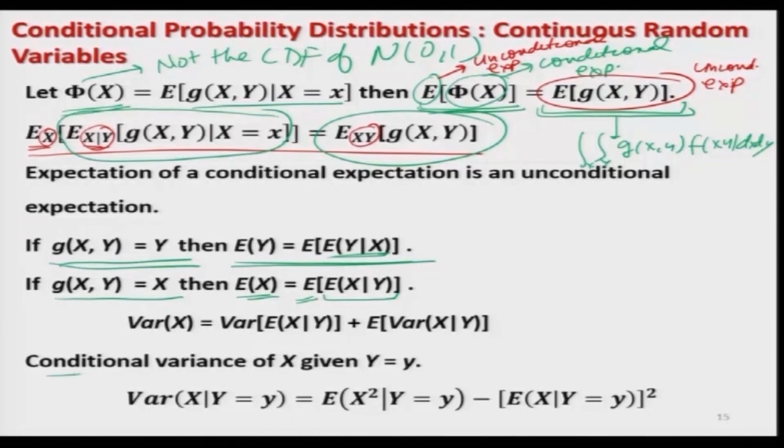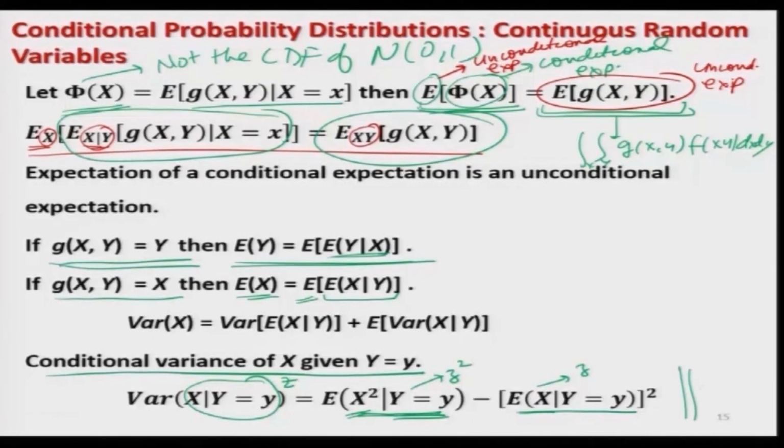If you take the conditional variance of X given Y equal to y, you just take it as a new random variable Z, which is the conditional random variable, and simply define the expected value of Z square minus the expected value of Z whole square. So, this will simply be the expected value of X square, which is obtained from the conditional distribution of X given Y, minus the square of the expectation of X given Y, and by solving this you can compute the variance.